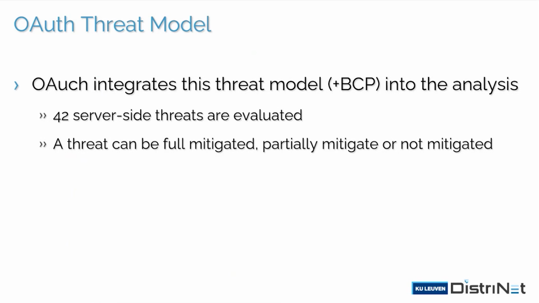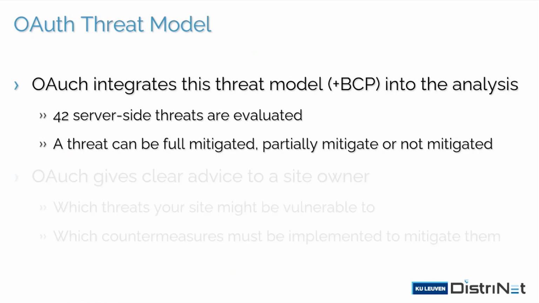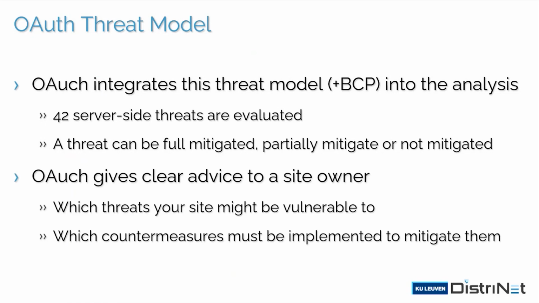This means you have at least one countermeasure that mitigates the threat, but not all of the suggested countermeasures. The end result is that OAuch can give you clear advice. It can tell you, for this threat, you probably should mitigate this because you have no countermeasures in place against it, and these are the countermeasures that you can implement to mitigate this specific threat.